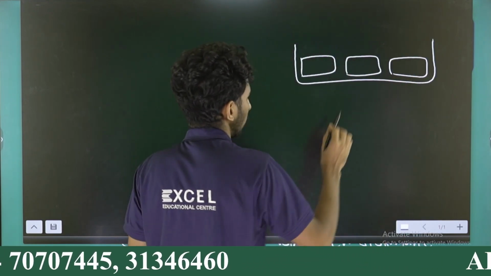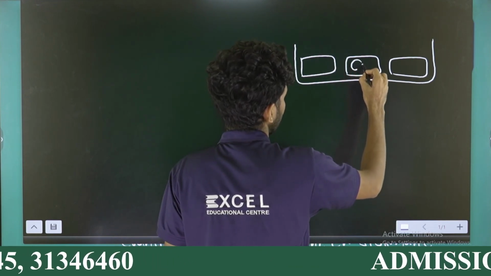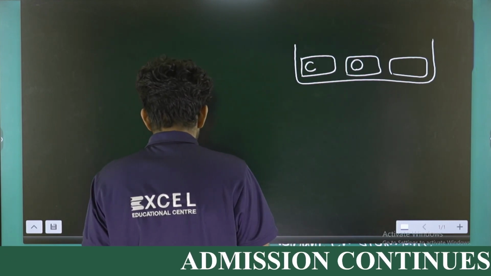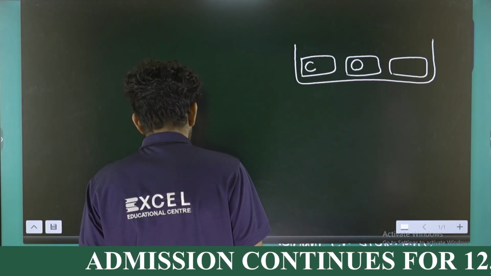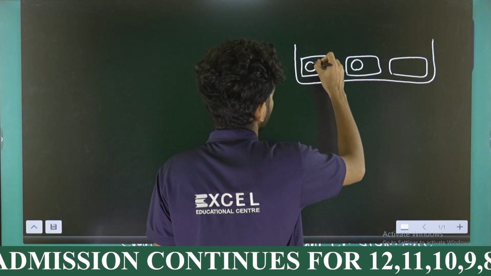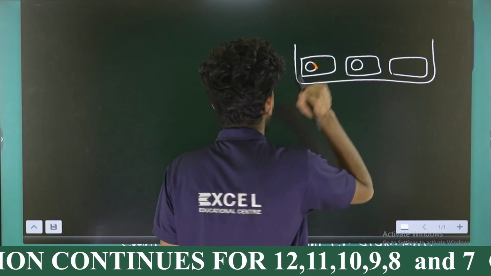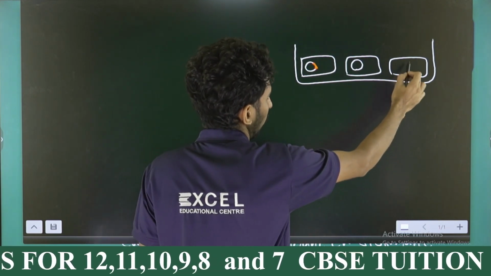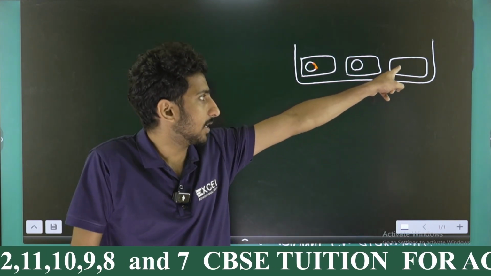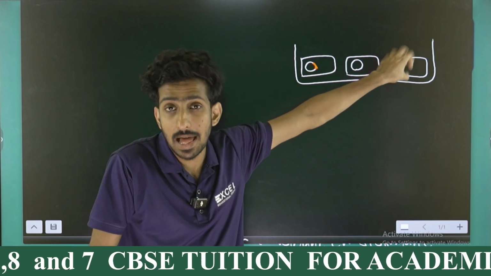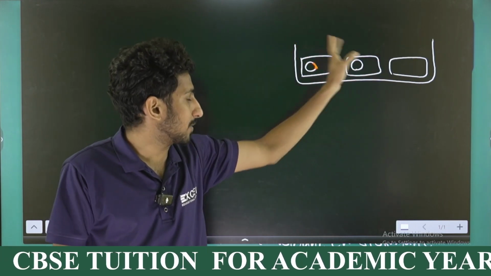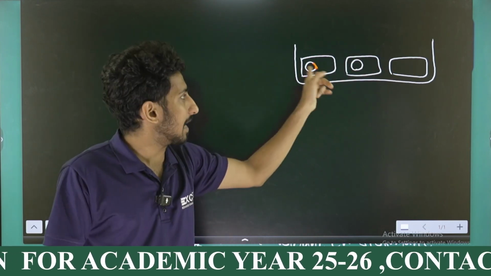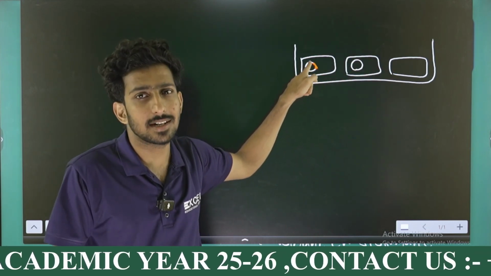One is non-transformant, one is non-recombinant transformant, one is recombinant transformant. See, this one does not have any plasmid. Got it? These two have the plasmid, so these are transformants. This one is non-transformant, and among these two, this one is the recombinant transformant.